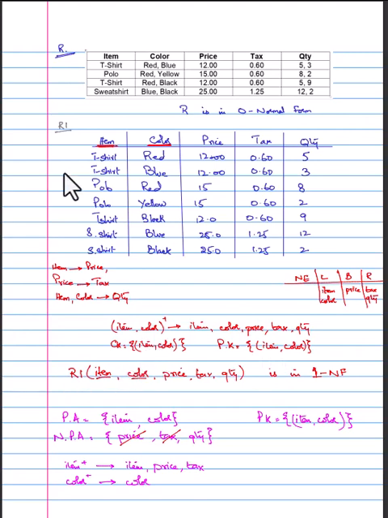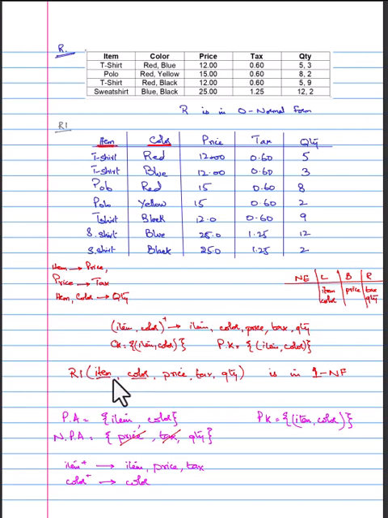Now the relation R1 will become item, color, price, tax and quantity. Now this relation is in first normal form. So we have eliminated the multi-values, and then we have identified the primary key which is item and color.